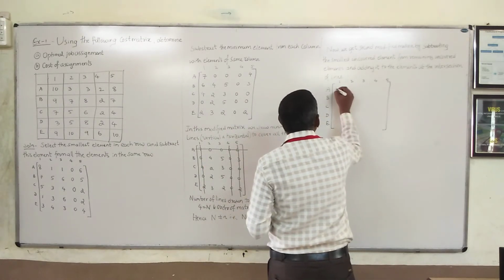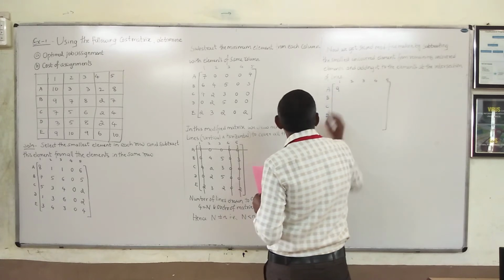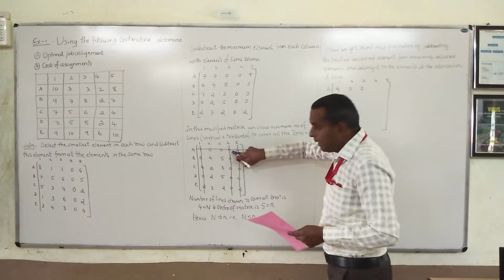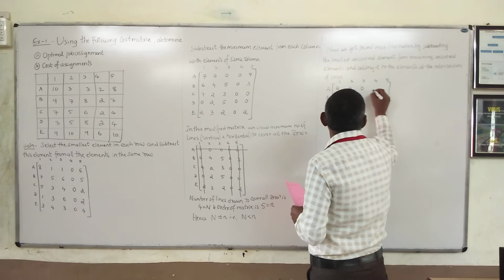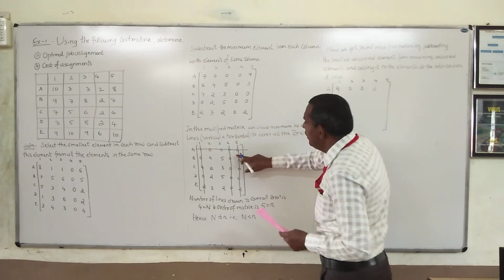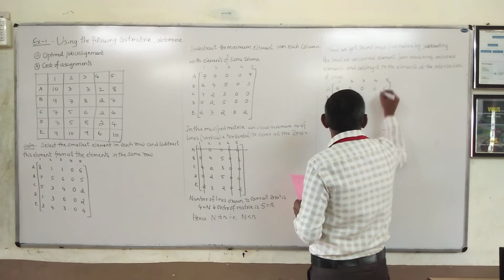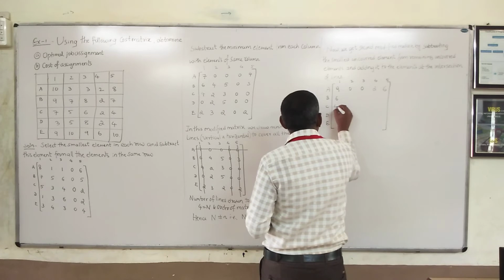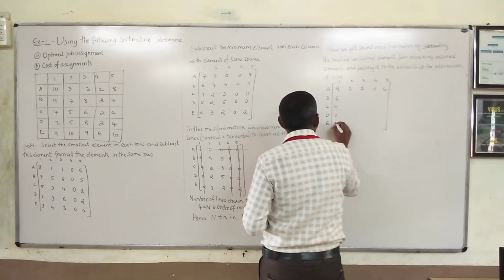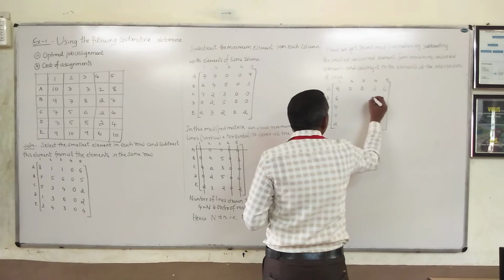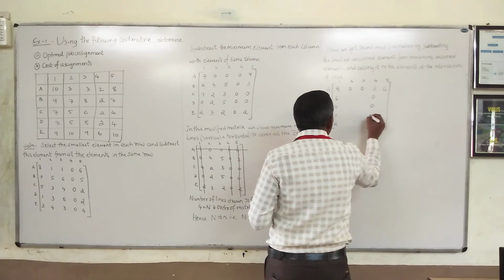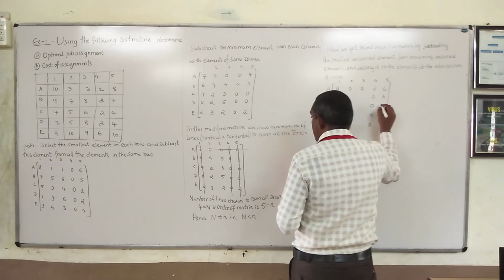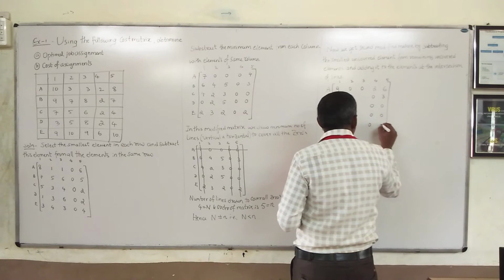So 7 plus 2 is how much here? 9. Remaining I will keep as it is, 0, 0. Here the intersection comes here. So 0 plus 2 is 2, followed by here also intersection comes, 4 plus 2 is 6. Fine. So remaining 6, 4, 0, 2. So let me write 0, 0, 0, 0. So it is 3 followed by 0, 0 and 2 here.